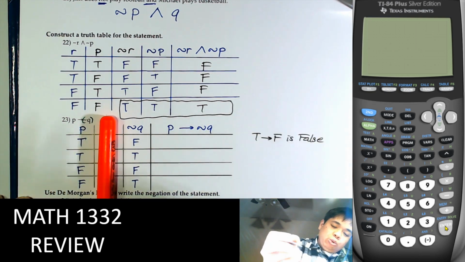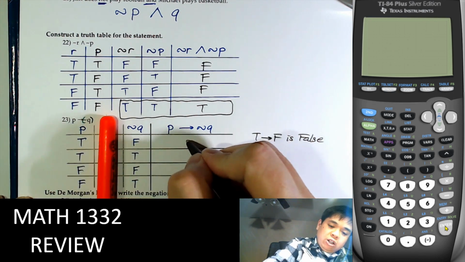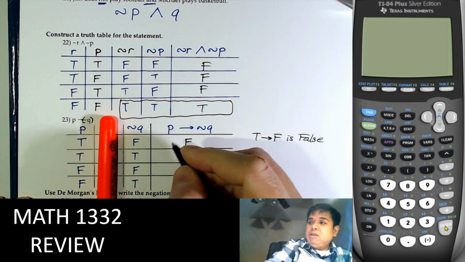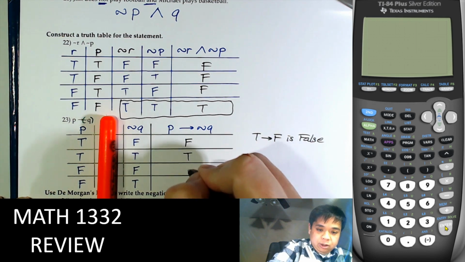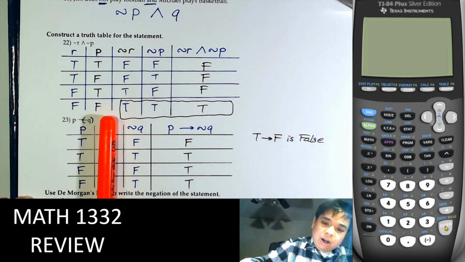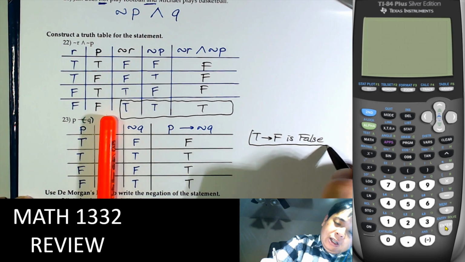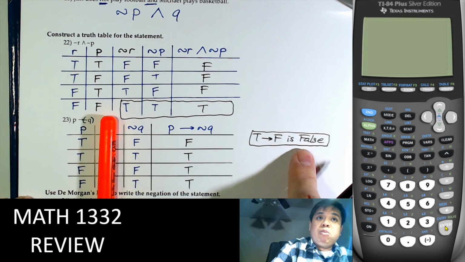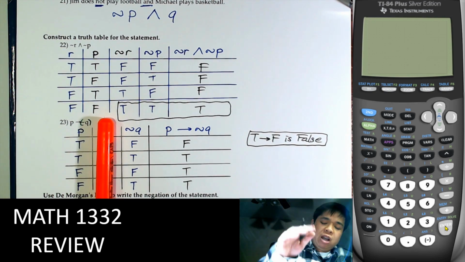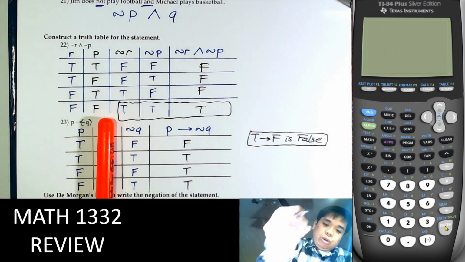Everything else is true. So the first one is false, everything else is true. Right, so keep this in mind. We just need to remember that everything else in a conditional is true.